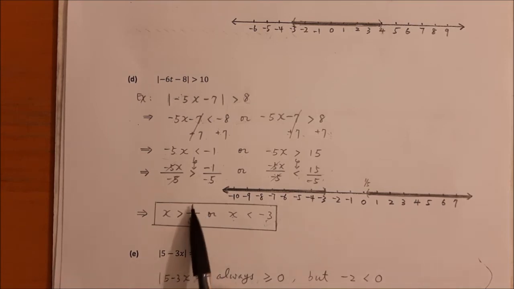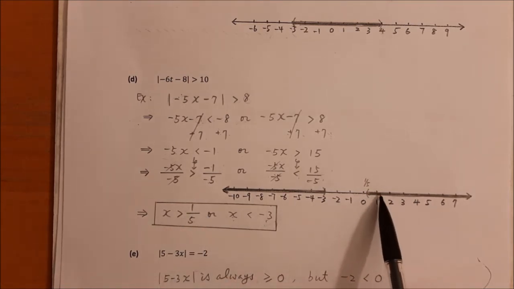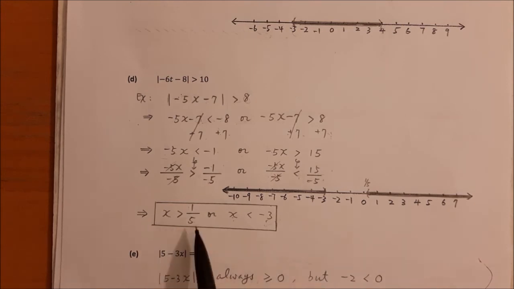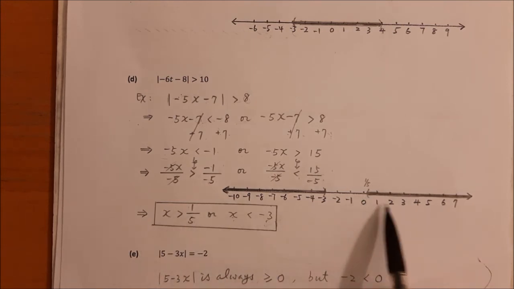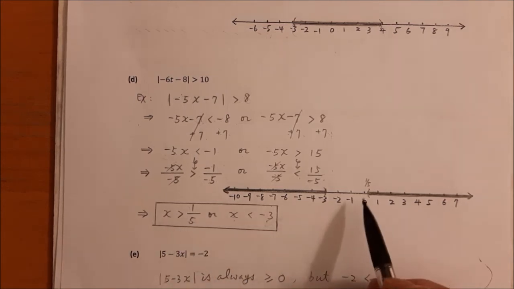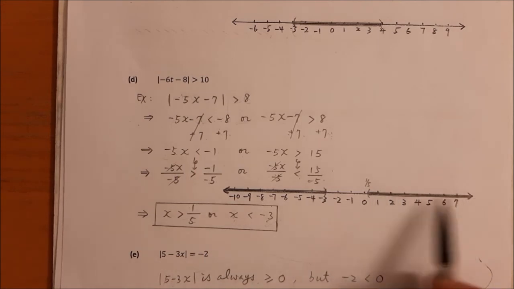So 1/5 is between 0 and 1 partitioned into 5 equal parts, and the first part we call 1/5. Since x is greater than 1/5, it's to the right of 1/5. There's no equal sign, so use a parenthesis and shade to the right.